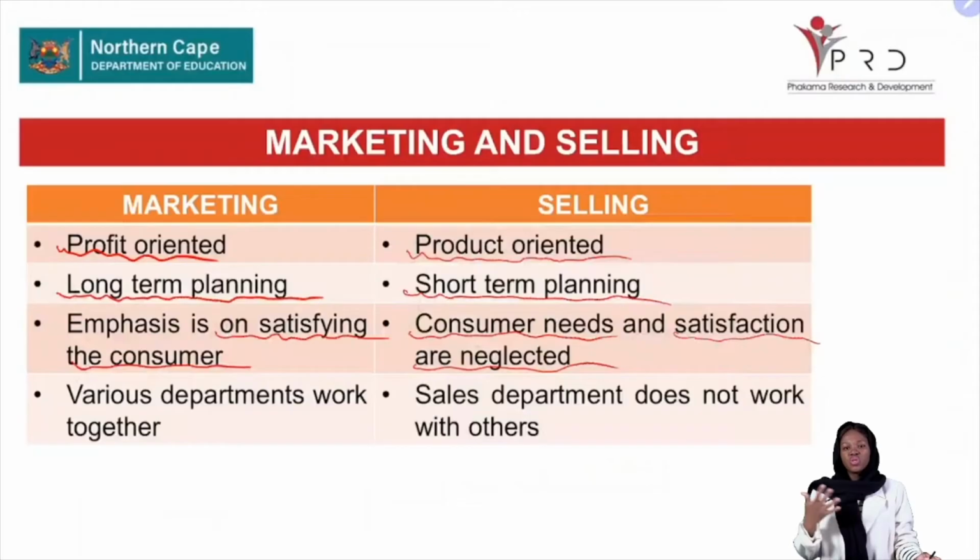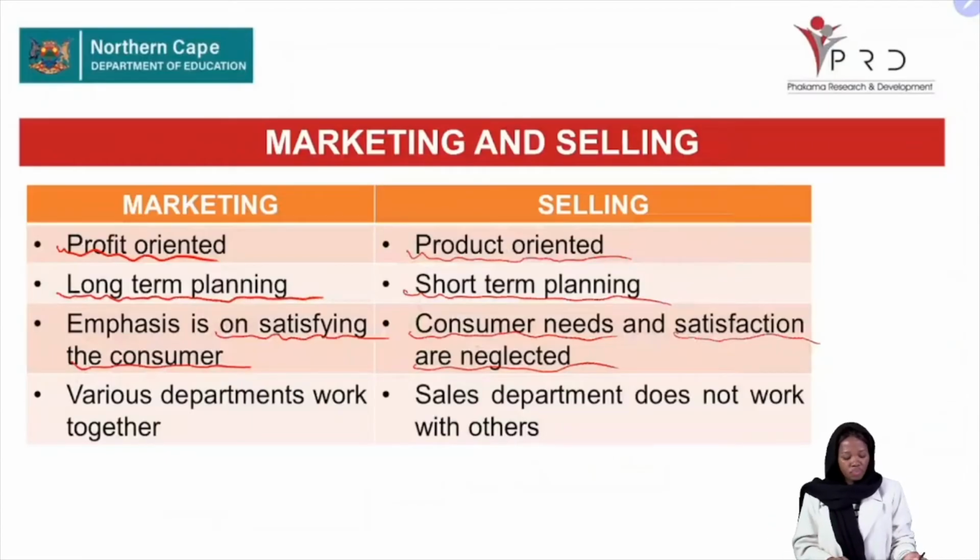Meaning, when it comes to selling, we don't go around collecting information from consumers. We don't even care whether consumers are satisfied with this product or not. So long as we are selling. Making profit or not making profit, we don't even care.